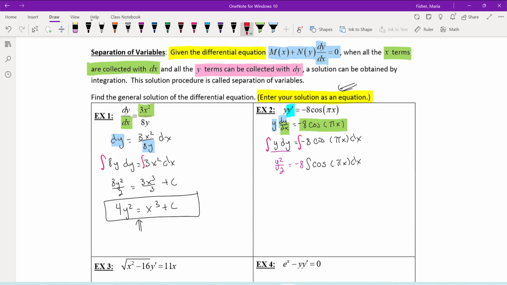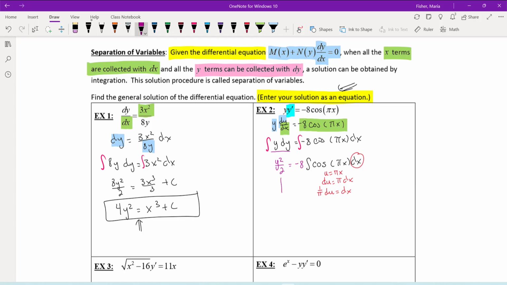So if we let u equal pi x, the derivative du would equal pi dx. Well, I don't have a pi dx, I just have a dx, so I divide both sides by pi, and 1 over pi du is equal to dx.